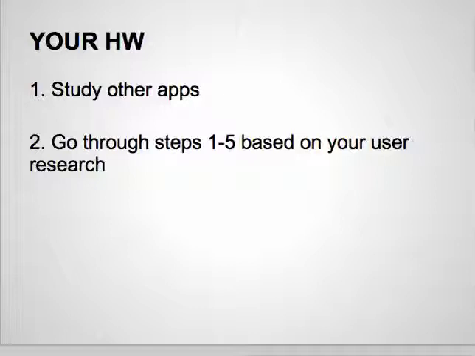But you're going to look at a mobile app, and you're going to ask yourself, what are some of these tools? And then what requirements do you think those tools are meeting? And then you're going to go through the steps, 1 through 5, vision statement, problem statement, all the way to requirements and framework requirements on your own based on the users that you researched last week.